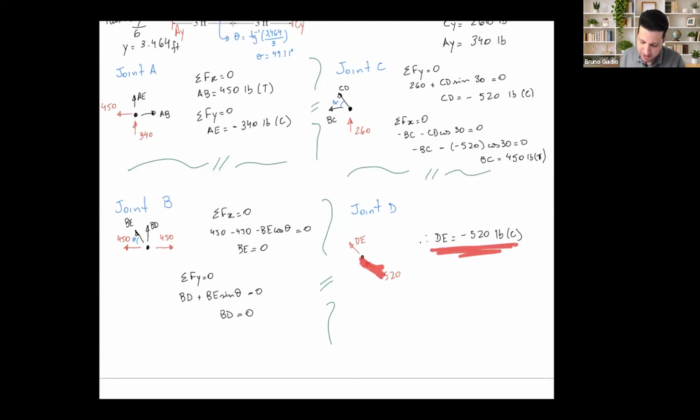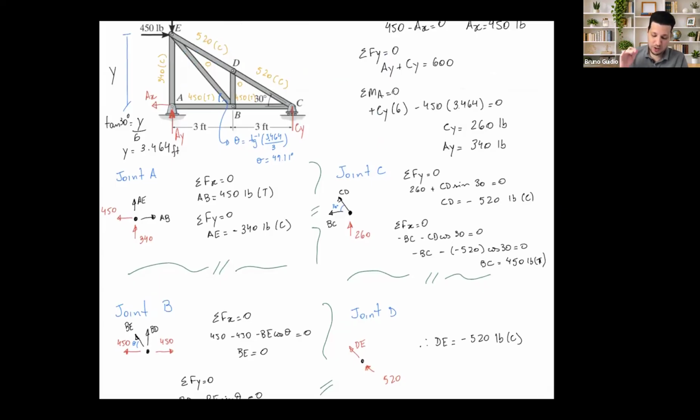However, just the free body diagram is going to be different. But what I like to do, only for the joints, is create the free body diagram following what I already know. I know this is a compression, so that's why this 520 is in compression.